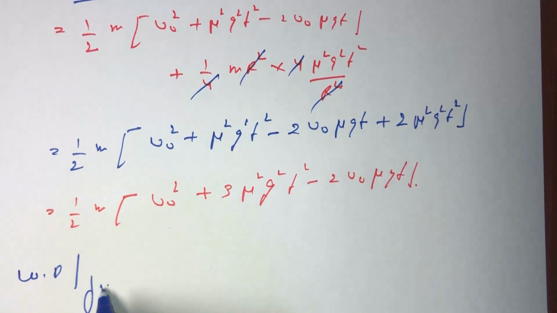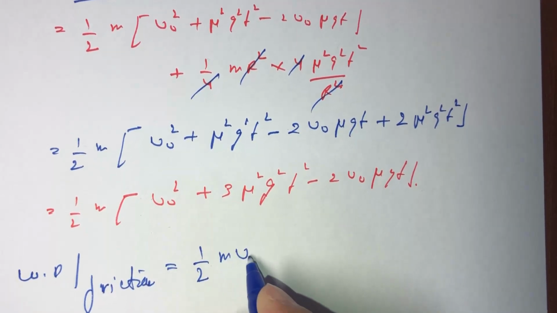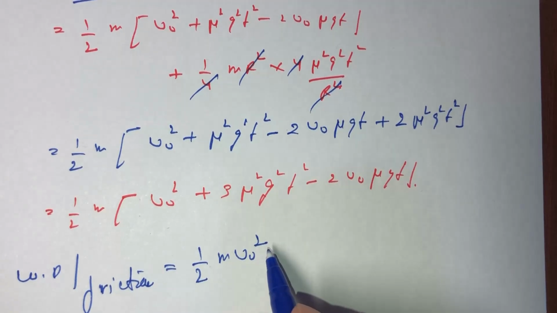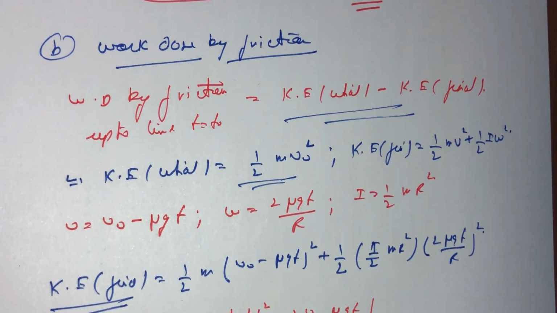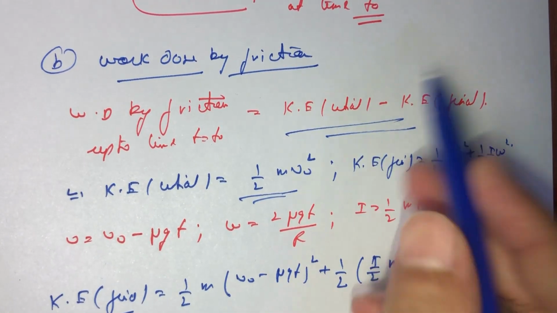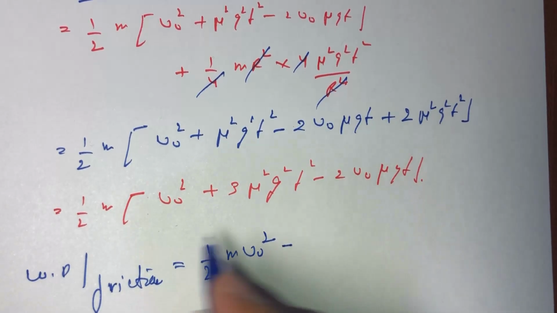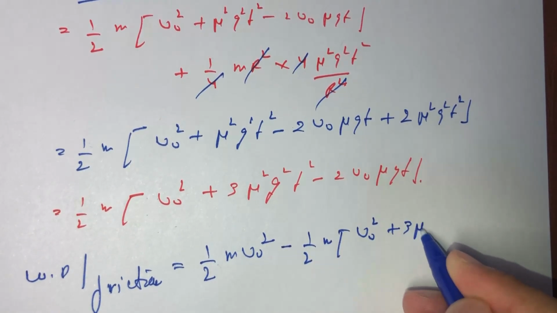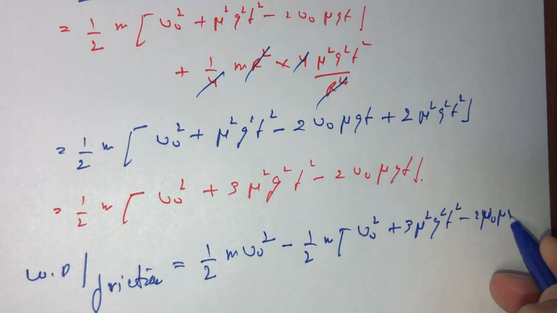Work done by friction will be equal to half m V naught square minus half m V naught square plus 3 mu square g square t square minus 2 V naught mu g t.